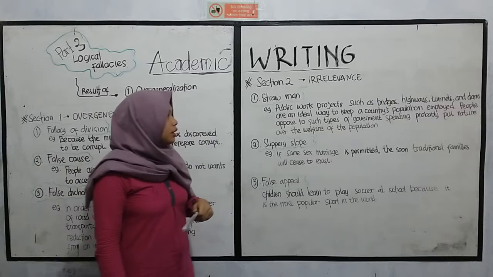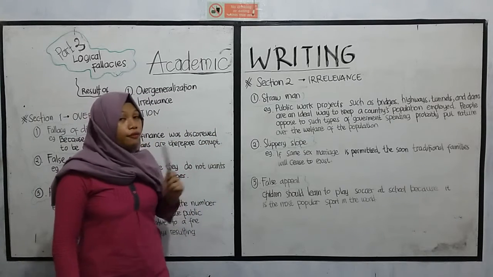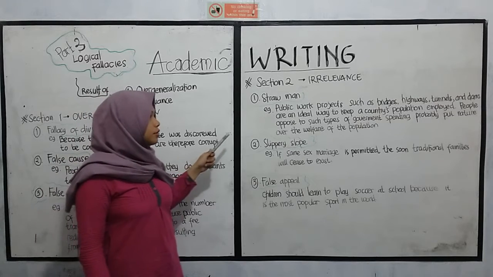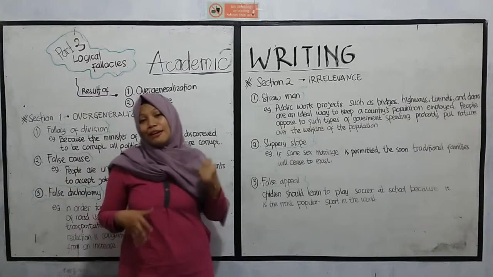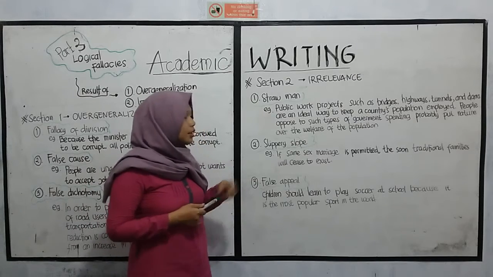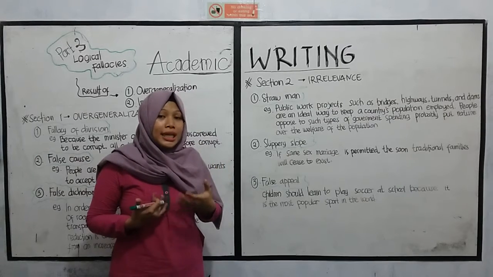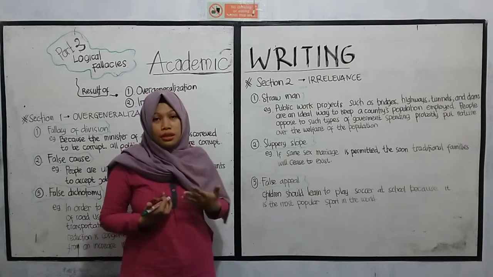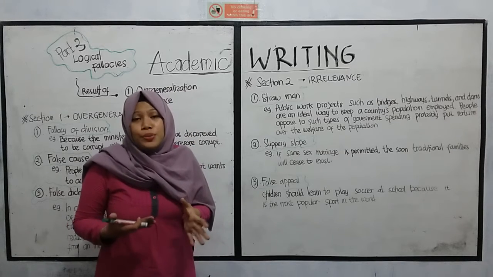When it comes to irrelevance, there are also three types of logical fallacies. The first is strawman, the second is slippery slope, and the third is false appeal. Strawman is when the opposing argument is inaccurately presented, so it will be easy to defeat or deny.